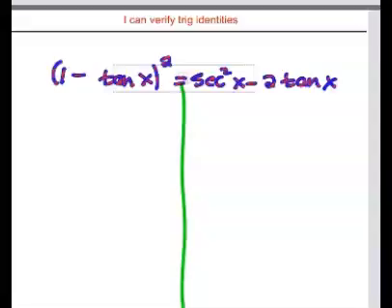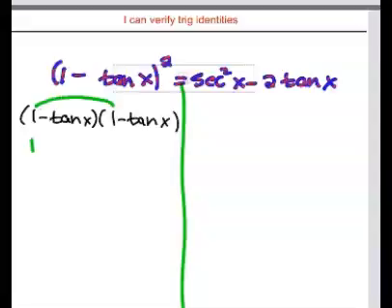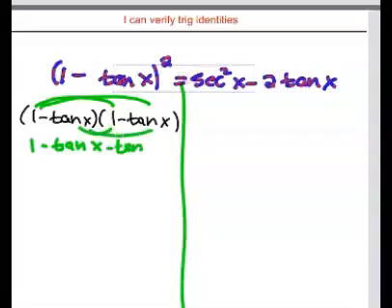One thing I noticed about the left is that it's 1 minus tan, squared. So I'm going to try to take this and distribute it. So we'll go 1 times 1, 1 times negative tan, negative tan times 1, and negative tan times negative tan is positive tan squared.